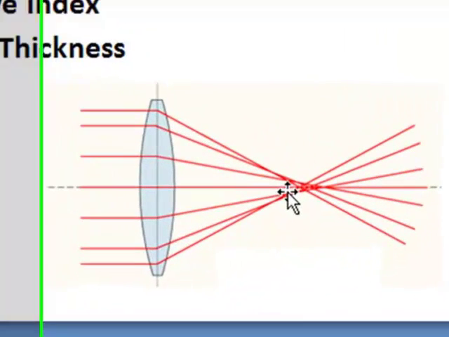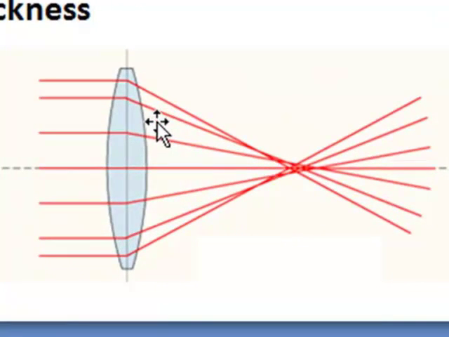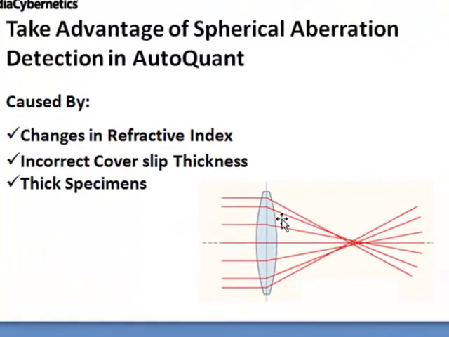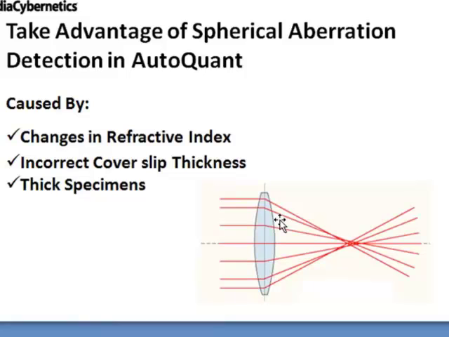And this can be caused by changes in the refractive index. So when our specimen is embedded in a different refractive index to the immersion medium, inconsistencies in the cover slip thickness can cause it, and also very thick specimens.